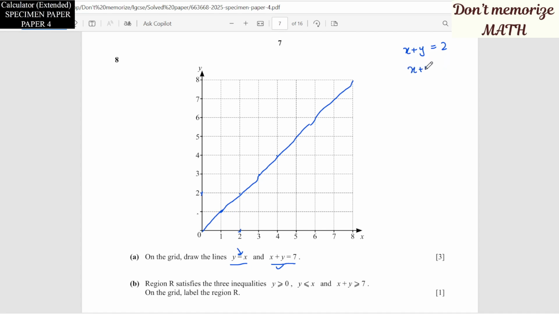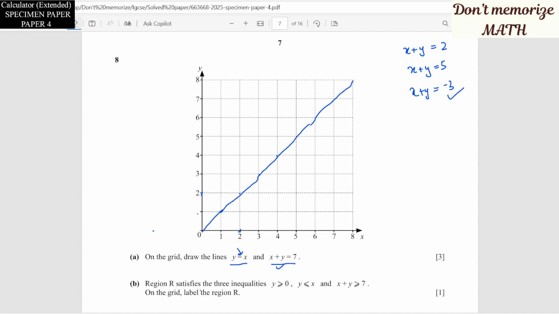And if you have x plus y is equal to 5, just join this 5 and this 5. Okay, and if you have x plus y is equal to negative 3, we don't have negative 3 here, but you will be having negative 3 in the negative x part, and negative y part you will get negative 3. So just join them, you will get the line x plus y is equal to negative 3.